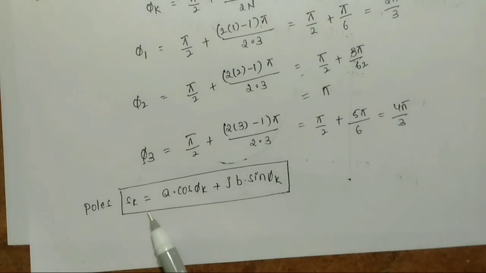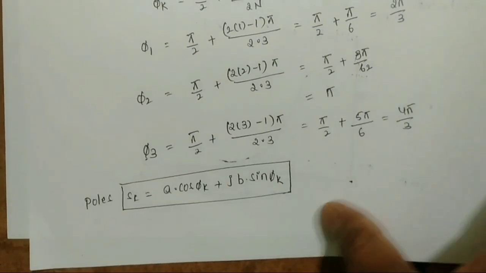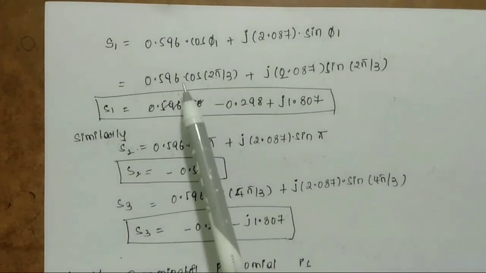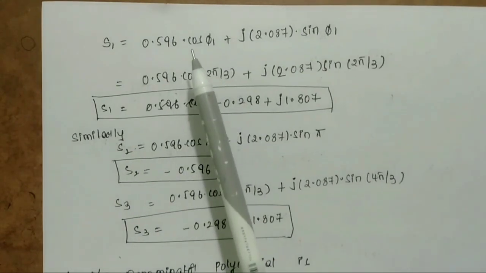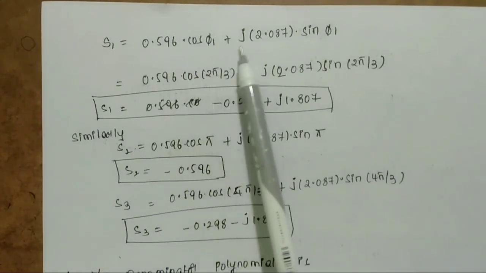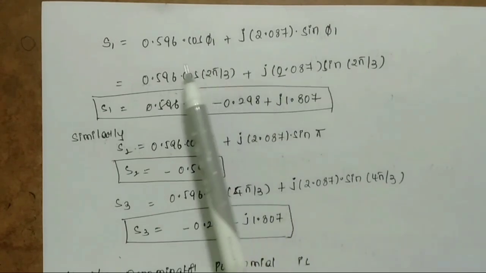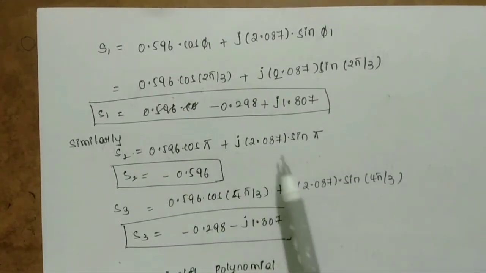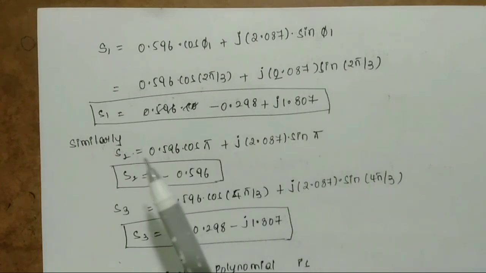If you are calculating S3, A cos phi 3 plus j B sin phi 3. Now see this, I have calculated S1, S2 and S3. S1 is the A value 0.596 into cos phi 1 plus j into the B value sin phi 1. Like this, we have calculated S1, S2, S3.